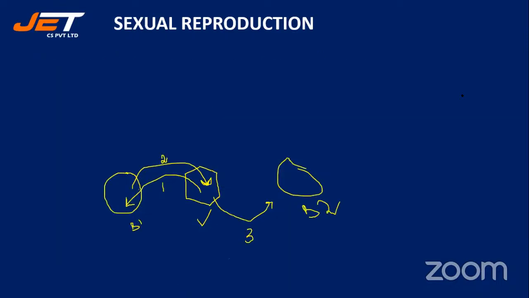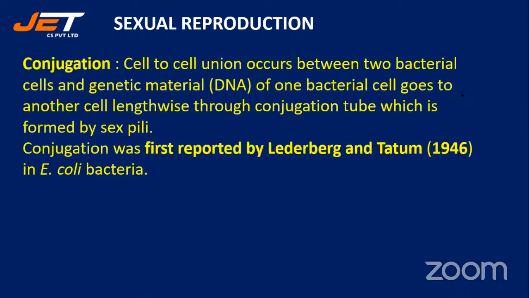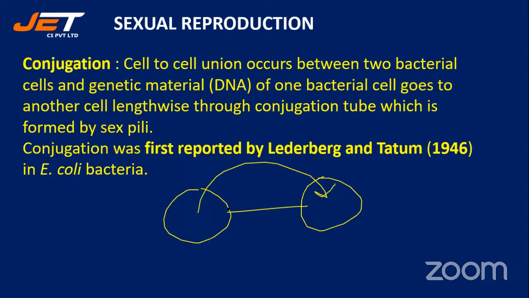But in conjugation, it has been established that the sex pili is present. Sex pili helps the bacteria: this is one, this is another bacteria, sex pili forms, and then the genetic material gets transferred through this sex pili. Just imagine it is a straw and the genetic material is flowing like this from one bacteria to another. So this is conjugation.